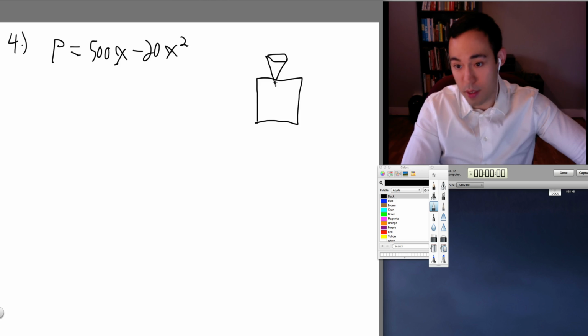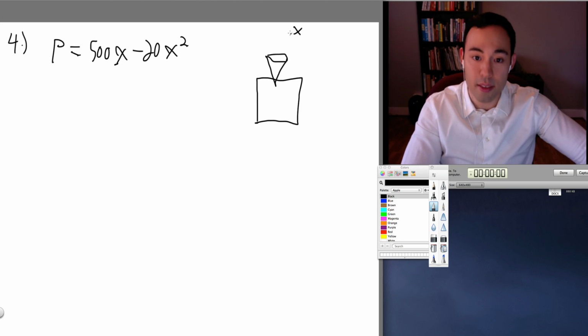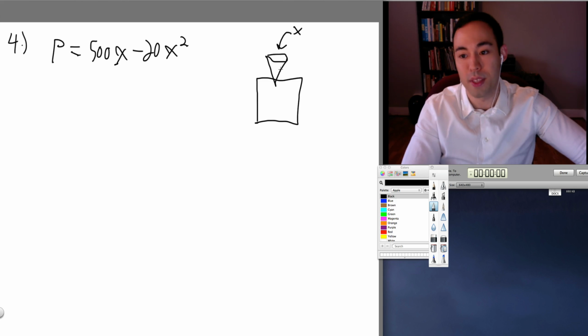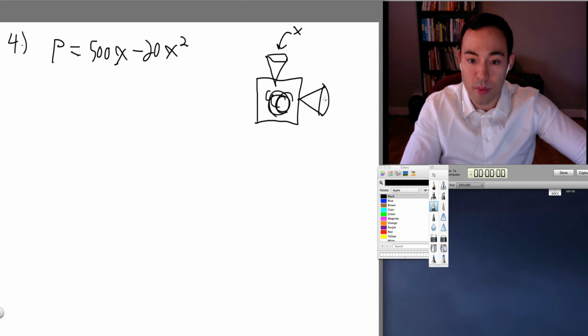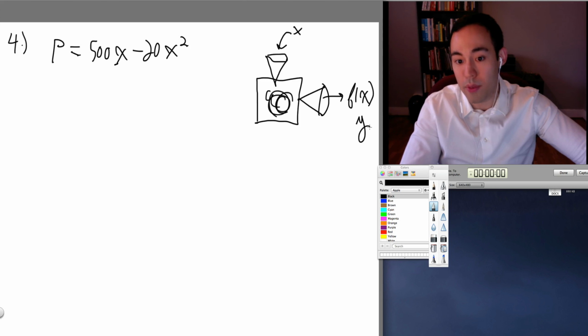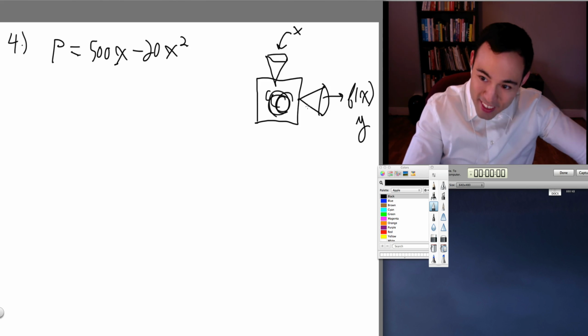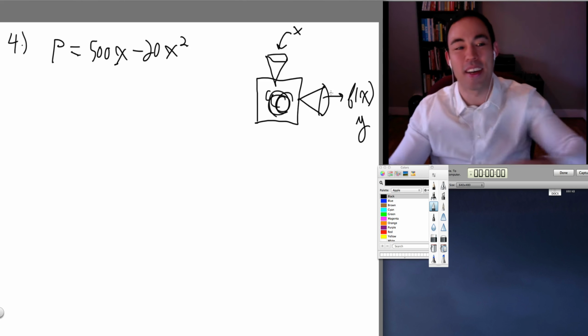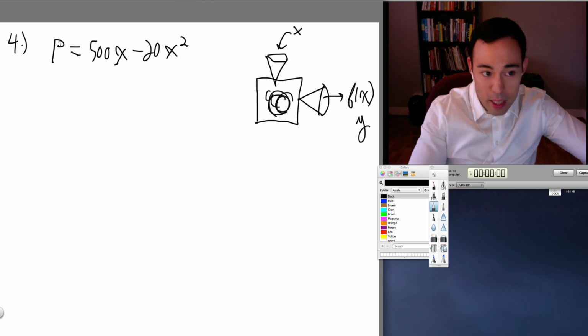The x's go into that funnel and into the machinery in the box, whatever it is, and then out come f of x's, which are similar to y values. So we're going to put x's into the box and get y's out. That's what's happening here.